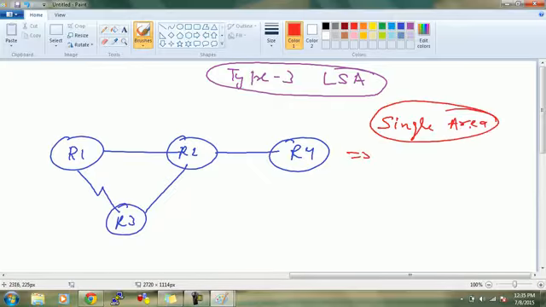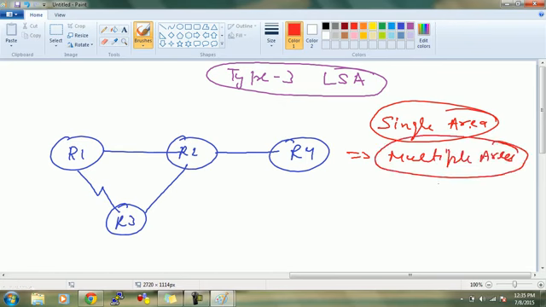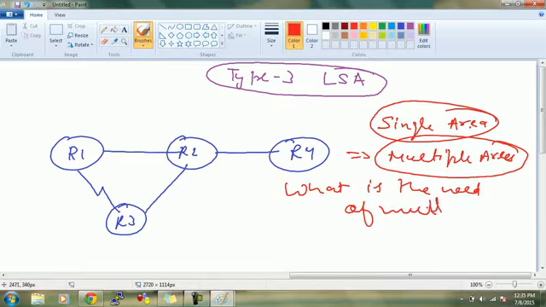Today we will start with multiple areas. First of all, what is the need of multiple areas? Agree? This question comes in your mind.